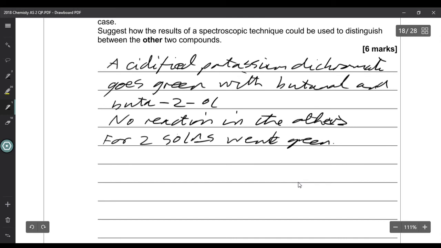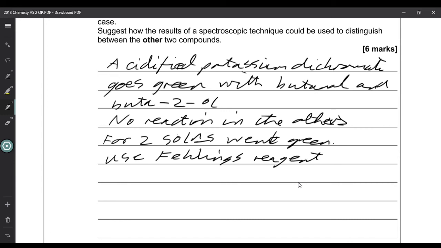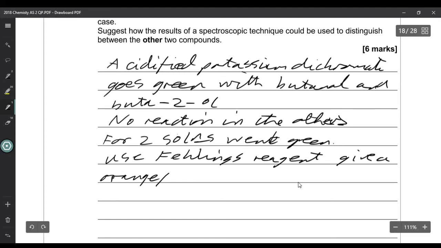we're now going to use Fehling's reagent, and that will give us an orange-red precipitate for the butanol.